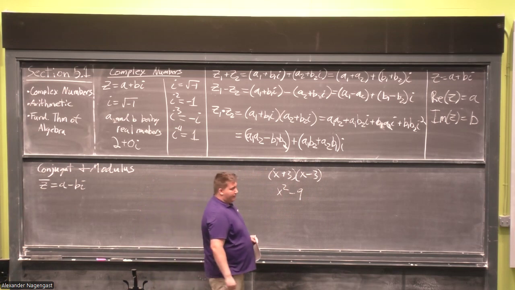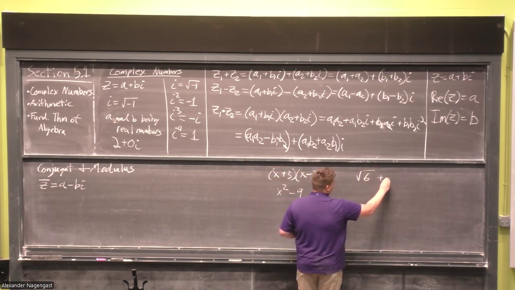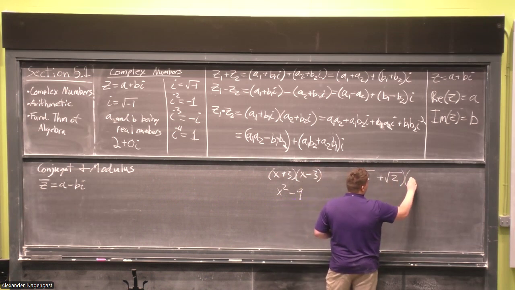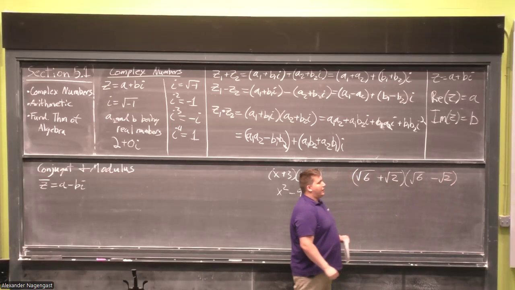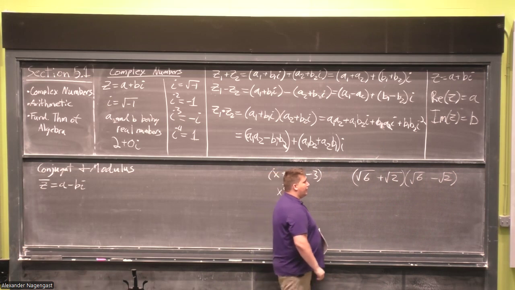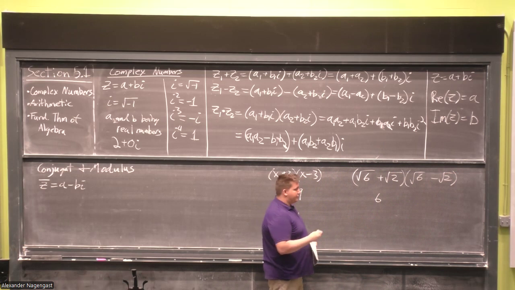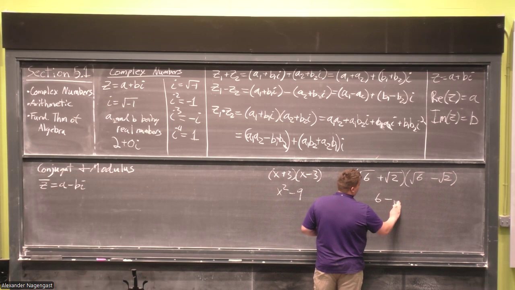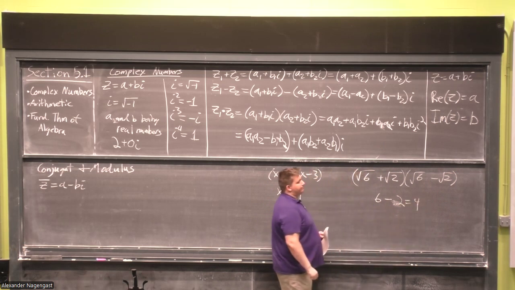Another area of math that you might have heard this is if I have like the square root of 6 plus the square root of 2, the conjugate of this is square root of 6 minus square root of 2. Because when I multiply these out, I'll get square root 6 squared, which is 6, minus square root 2 squared, which is just 2. So I end up getting 4.